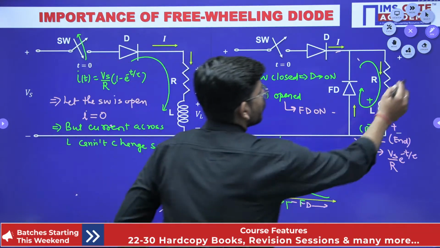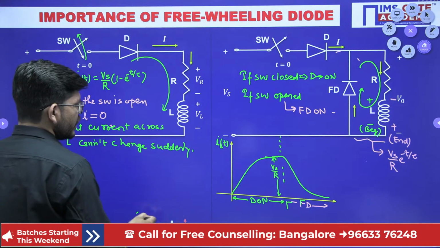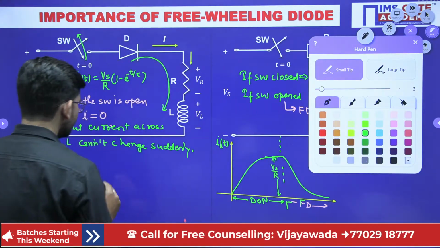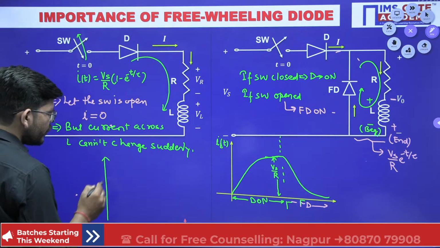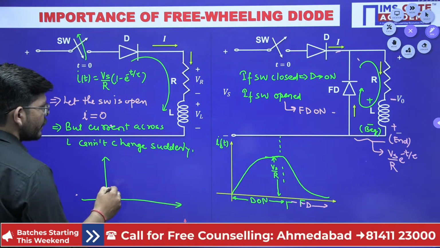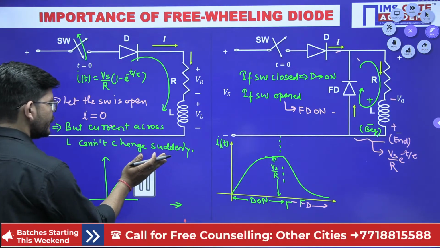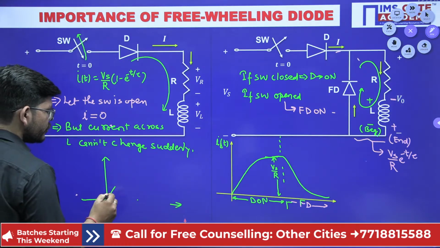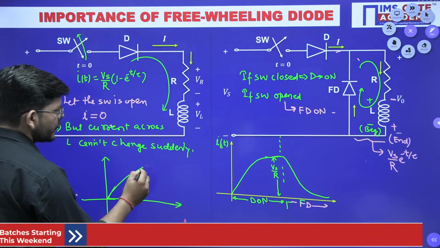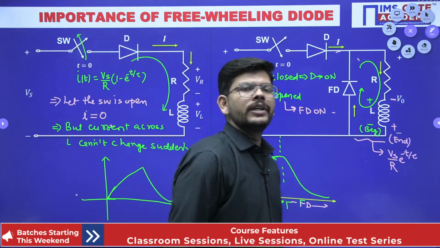Now if we reduce this particular waveform into its smaller version, this is the kind of waveform you are going to see more and more in power electronics. You must have seen this kind of waveform. So how is this coming?